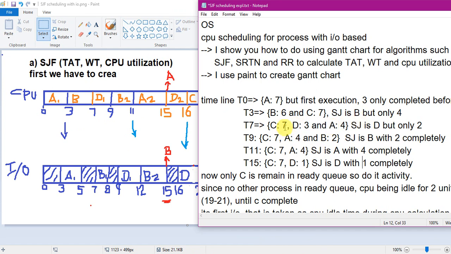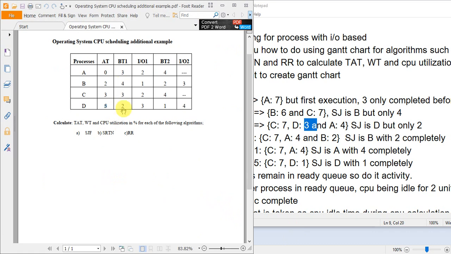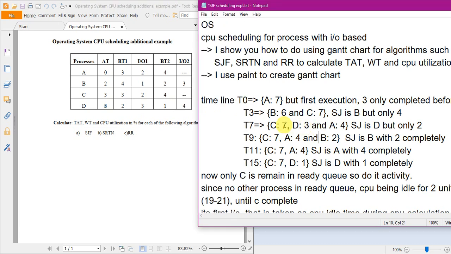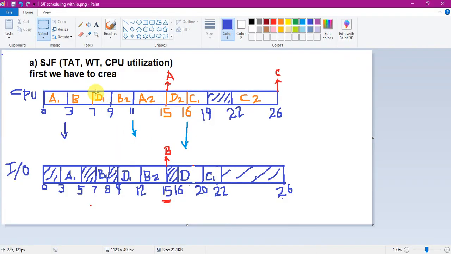So C needs 7 units, D needs 3 units, and A needs 4 units at time 7. Comparing these, 3 is less than the others, so the shortest job is D. D can execute only 2 units in its first execution, then goes to its IO request for 3 units. Among 7, 3 and 4, 3 is the least, so D takes the CPU from 7 to 9.